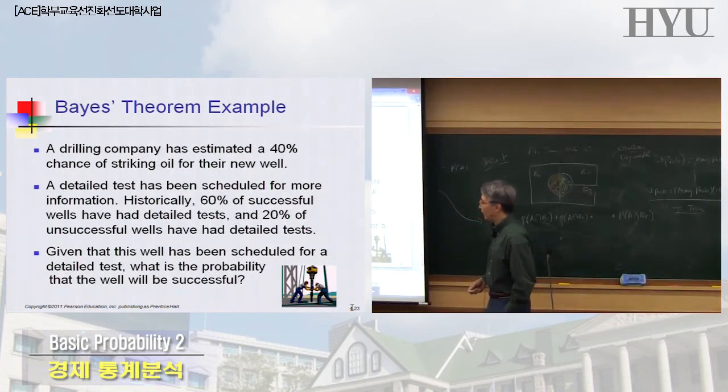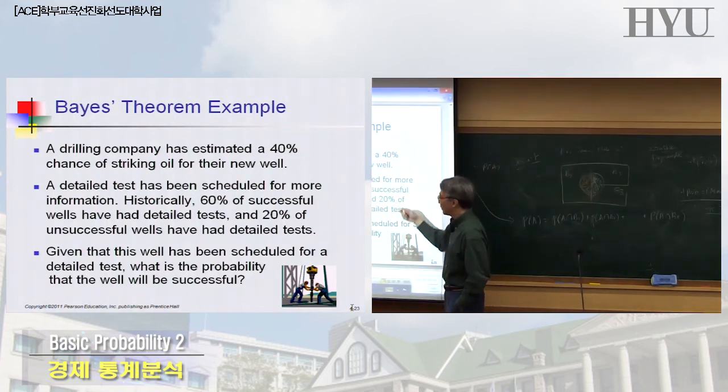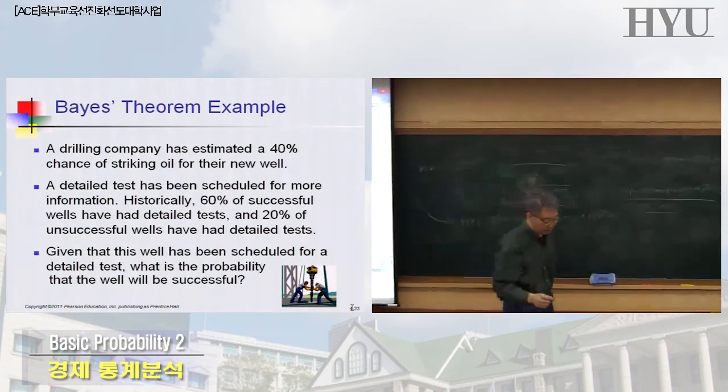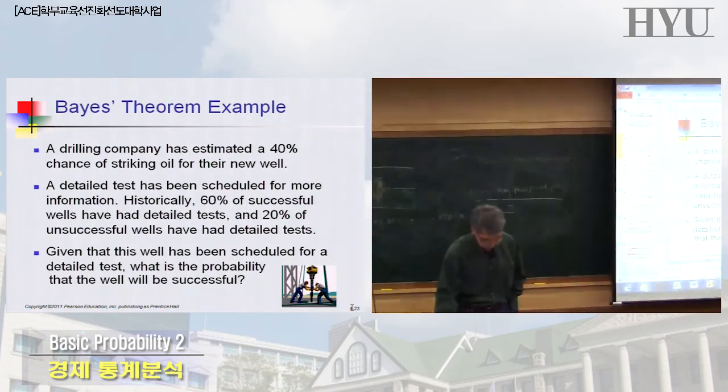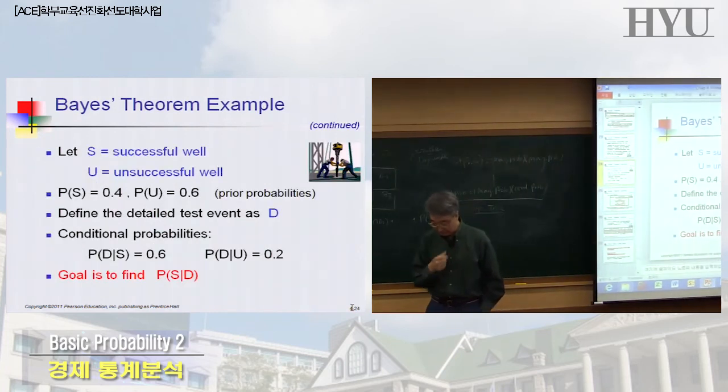So I really recommend you to watch that movie Giant. Anyway, so here, historically, they know that 60% of successful wells have had the detailed test. So you should have certain prior knowledge, and that is like this.